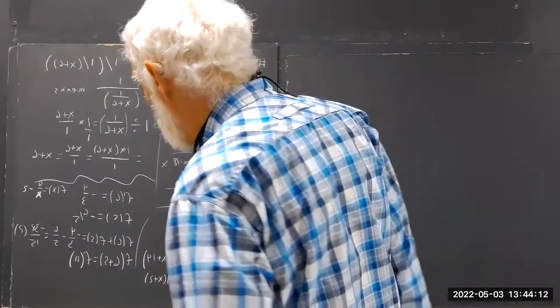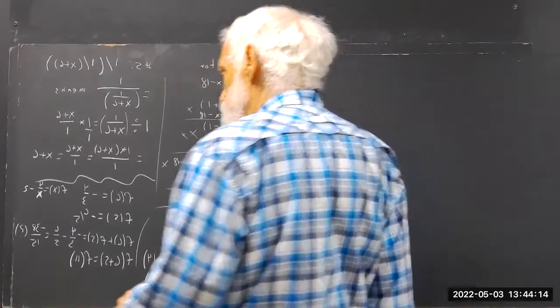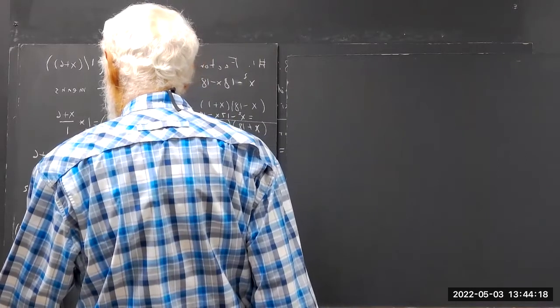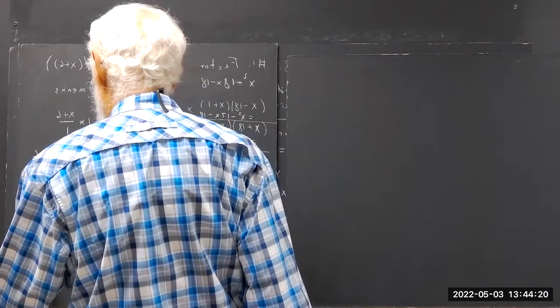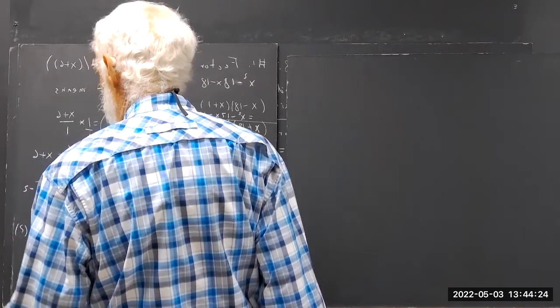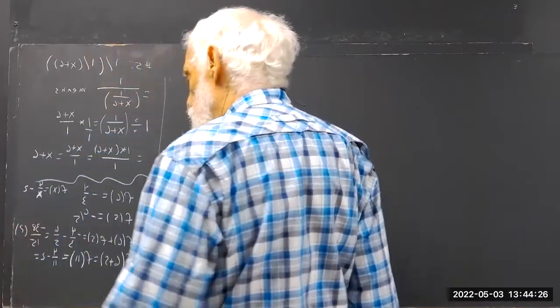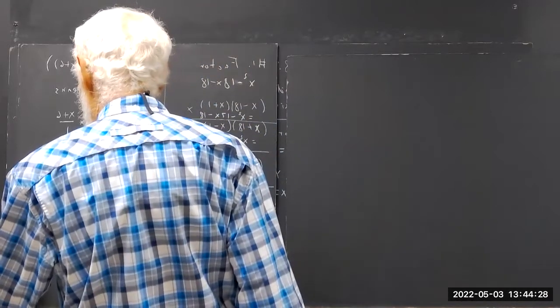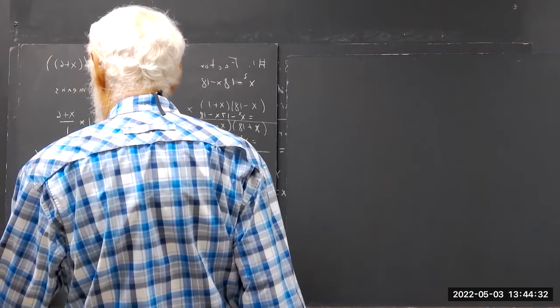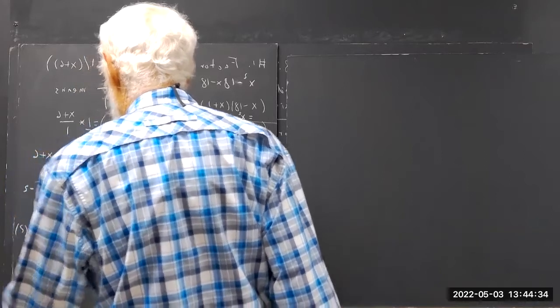F of 6 plus 5 is f of 11. And that's 4 over 11 minus 2, which equals 4 over 11 minus 22 over 11, -18 over 11. And this and this are not equal.